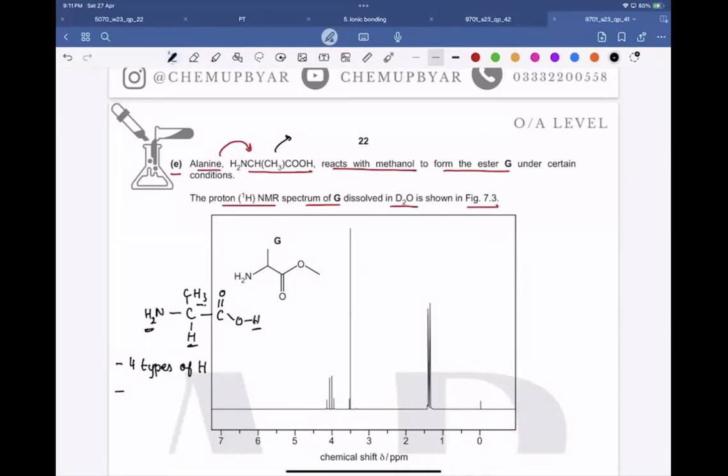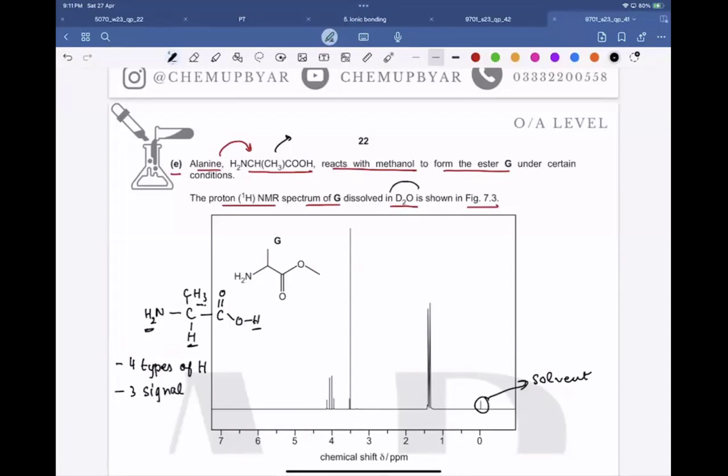But here we are getting 3 signals, because the signal at 0 is of the solvent, right? So we are getting 3 signals.